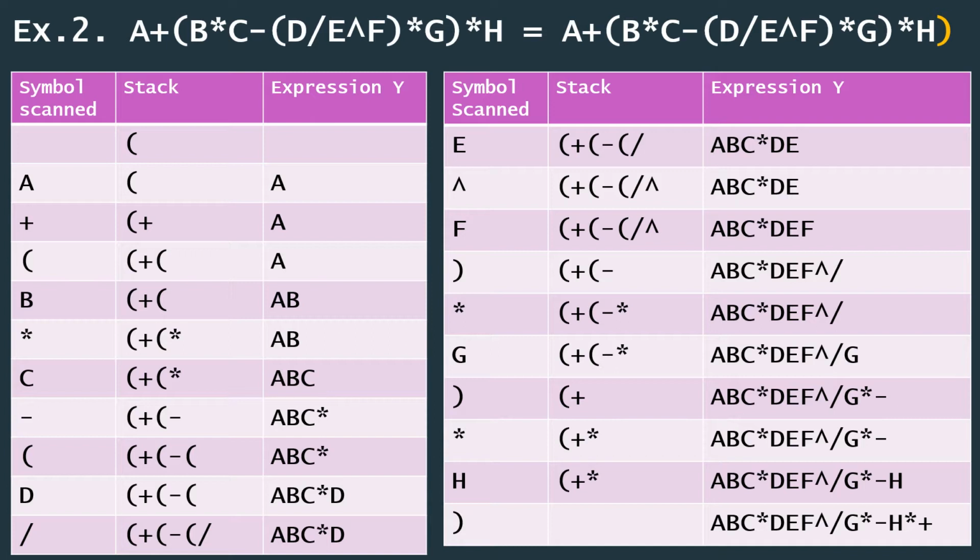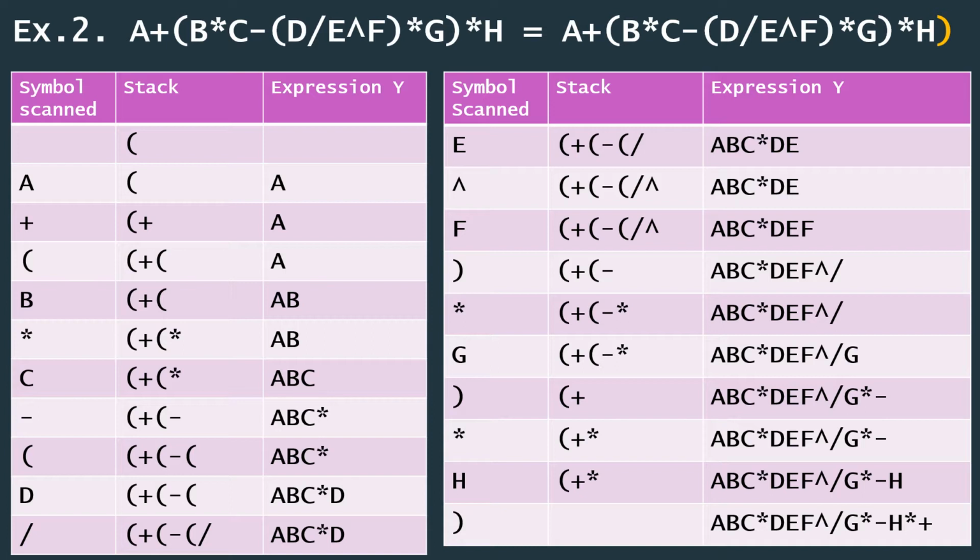Then the next operator to be scanned is multiplication. Multiplication will come to the stack part. Now the next one is G. G is one operand that will go to the expression part. And then right parenthesis. When this right parenthesis will come, again what will happen?